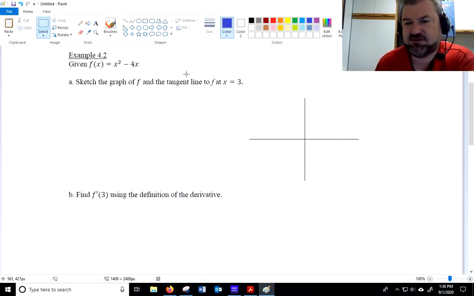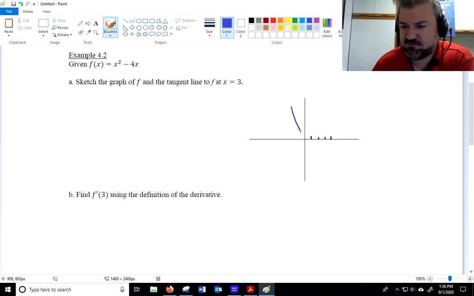Knowing what the graph looks like is a great advantage in AP Calculus because it gives you a way to check your work, a way to predict what your answer should be. So we're going to sketch it mainly for just that reason. This can be factored to x times x minus 4. So I hope you see that this graph has a zero at the origin and at x equals 4.